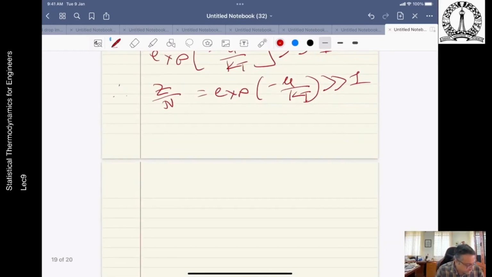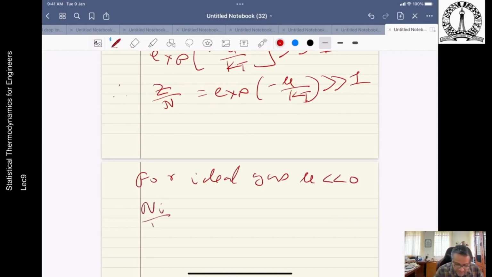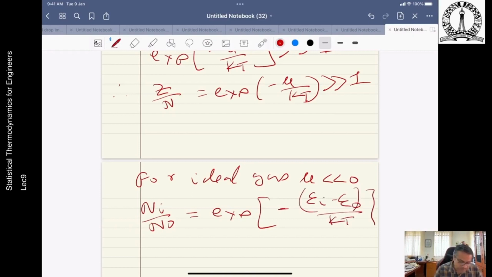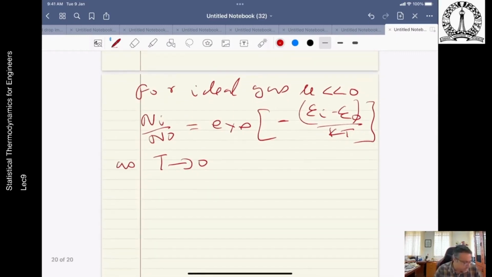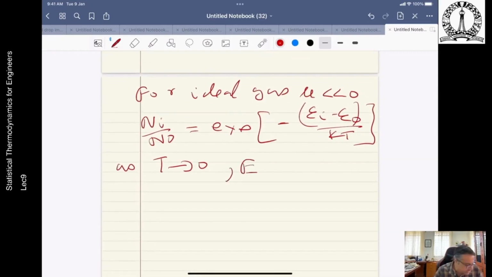Now, for an ideal gas, mu is much less than 0. So therefore Ni by N naught is equal to exponential of minus (Ei minus E naught) by kT. Put a couple of brackets here. As T approaches 0, that means the temperature goes towards 0, E goes to N E naught, and E is further equal to Nj into Ej.